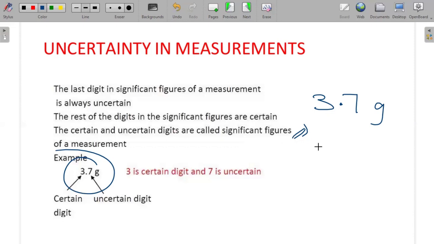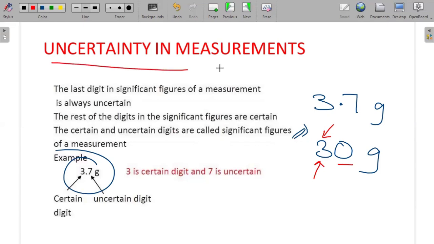For example, if you put something on a balance and it measures 30 grams, according to the rules, we said this trailing zero cannot be significant because I can't see any decimal point here. So the only significant figure here is this 3, which is a non-zero. According to the rules of uncertainty, the uncertain digit is the last significant figure. So if you only have one significant figure, then that's the uncertain digit.